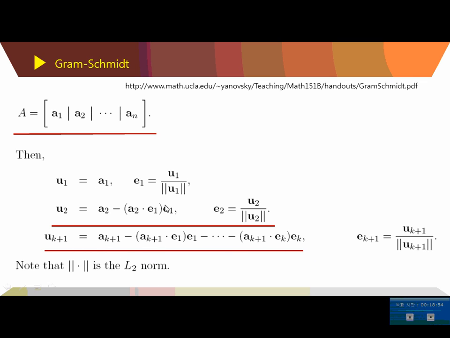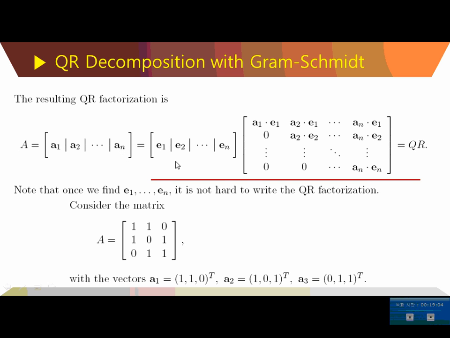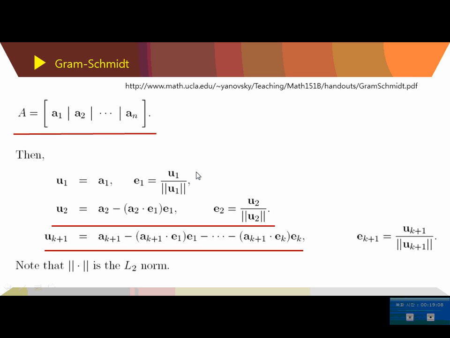We usually use the L2 norm, and then we can find u1, u2, up to un, which are the orthogonal vectors, and we normalize them. Then these ei's are the normalized vectors.